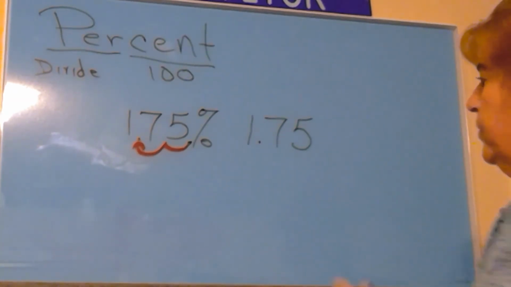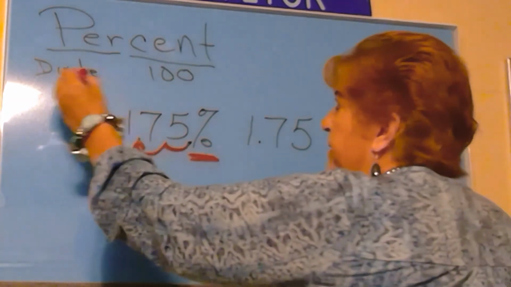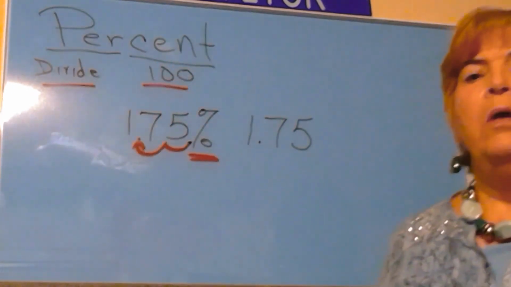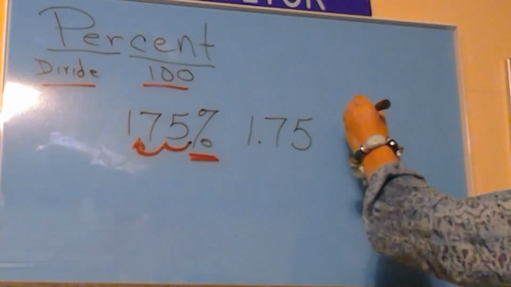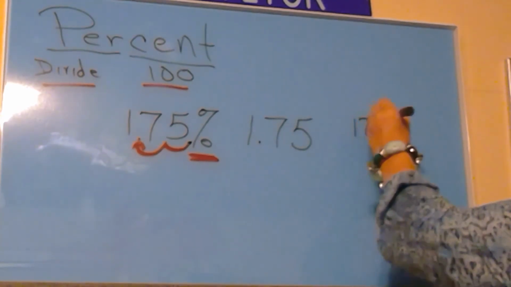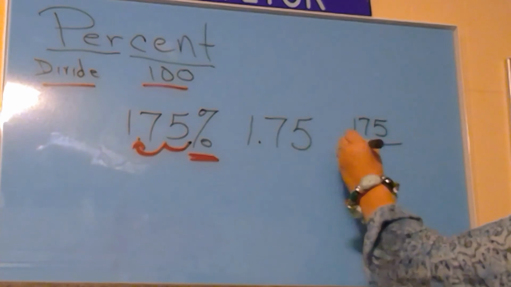Now, remember, the percent sign means divide by 100. So if I'm changing that to a fraction, I have 175 divided by 100.